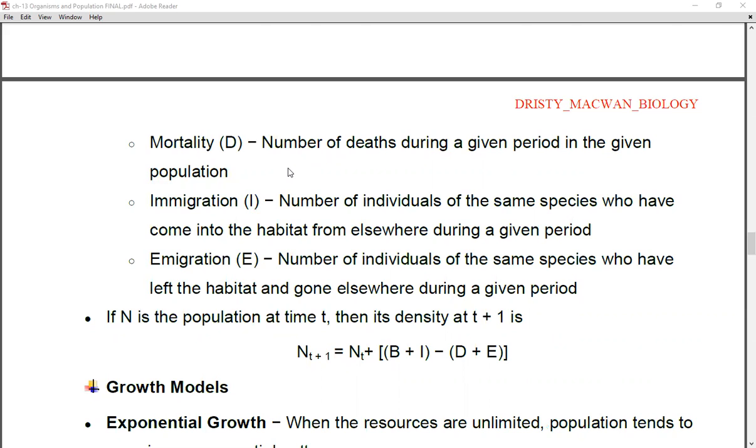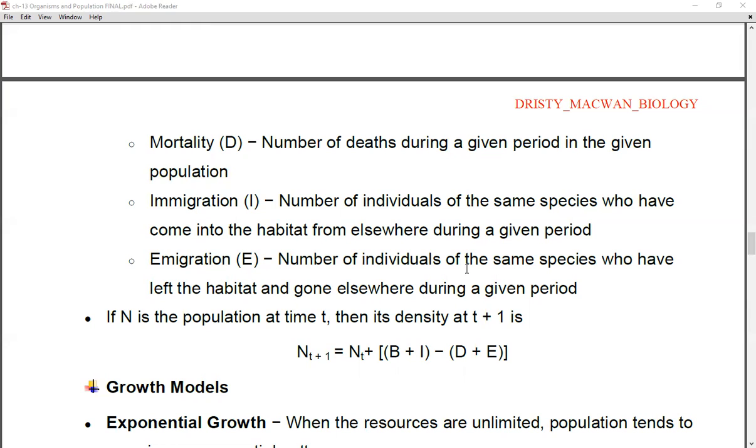Immigration is denoted by capital I, and immigration and emigration, these two of them are different. Don't get confused between these two. They are pronounced in a similar manner, but their meanings are totally different. Immigration is the number of individuals of the same species who have come into the habitat from elsewhere during a given period.